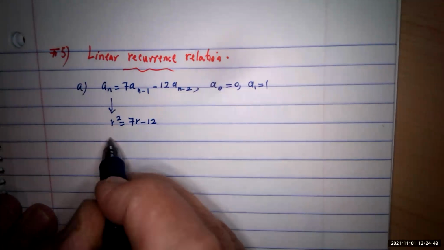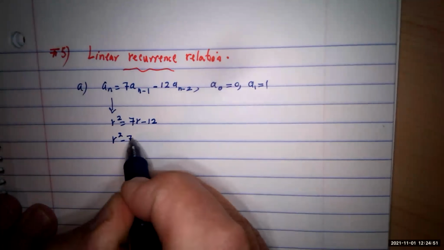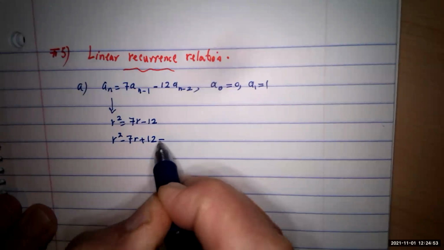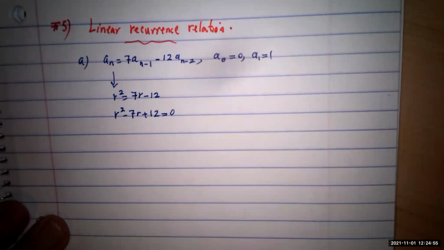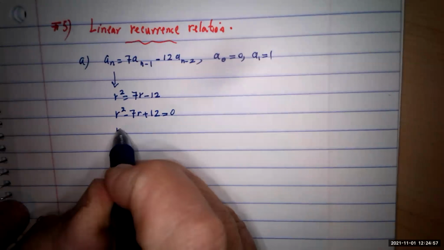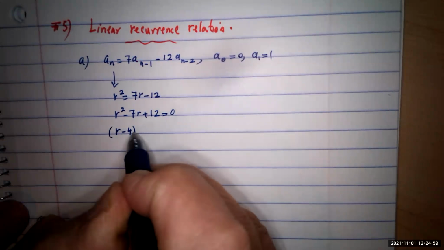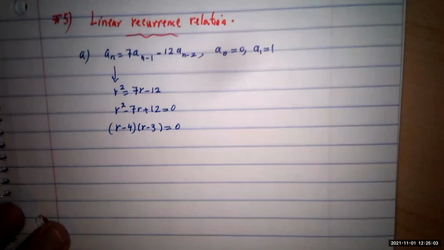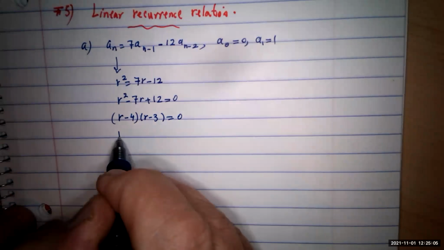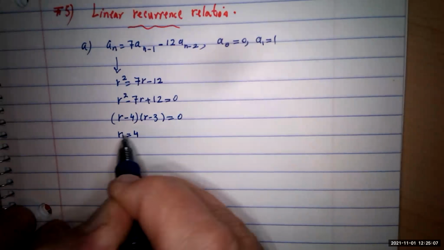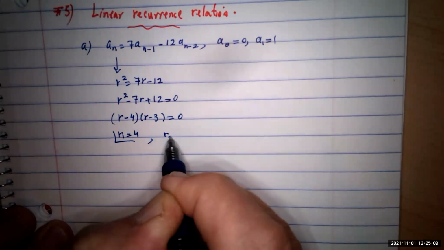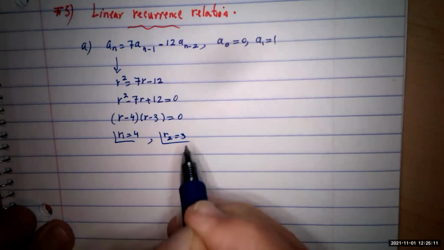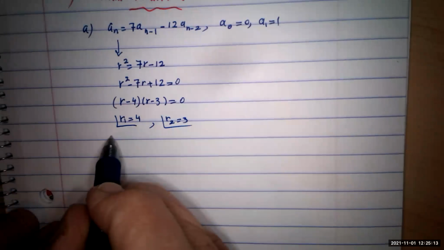Move it to one side. Carefully solve this equation, factoring all the time. Just make sure the factors are correct. (r minus 4)(r minus 3) equals 0. You have two solutions. You call them r1 and r2. See? They are different.